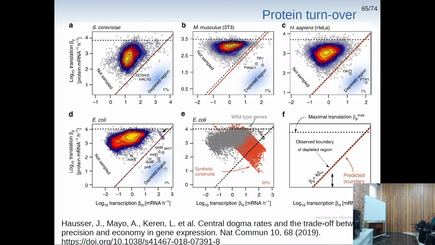If there is quite a small amount of protein, right, will it be possible for the cell to actually control this quantity of protein precisely?